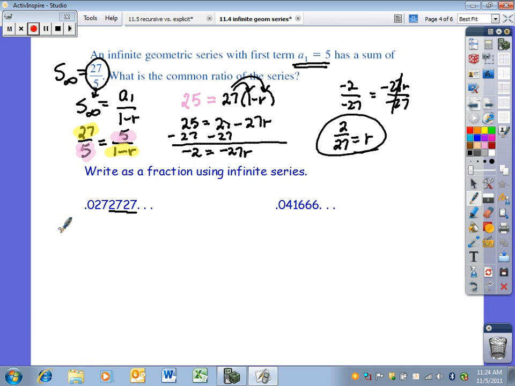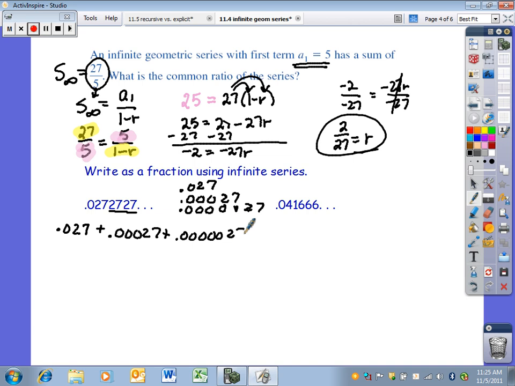So I would write the first 3 digits, because that's not repeating, plus, and for some of you it might make more sense if I line it up, I would have to fill in these 3 places and then a 27 to get 0.00027... plus, now I have 5 places to fill in to get another 27, plus that continual pattern.